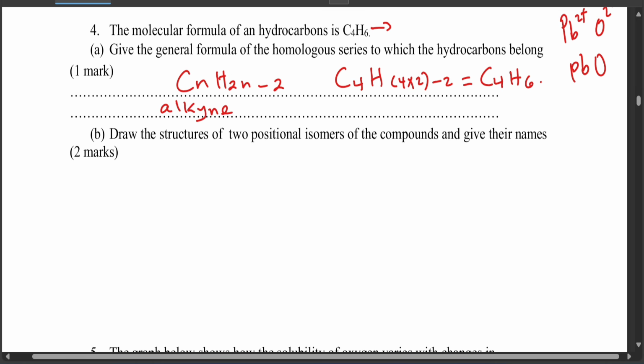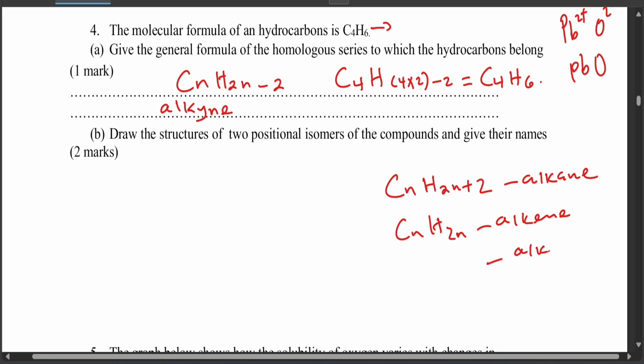Okay, now it's better to know the homologous series of alkane, alkene. The homologous series of alkane is CnH2n plus 2. That's for alkane. We have alkene, which is CnH2n only. We have alkyne, which is CnH2n minus 2.